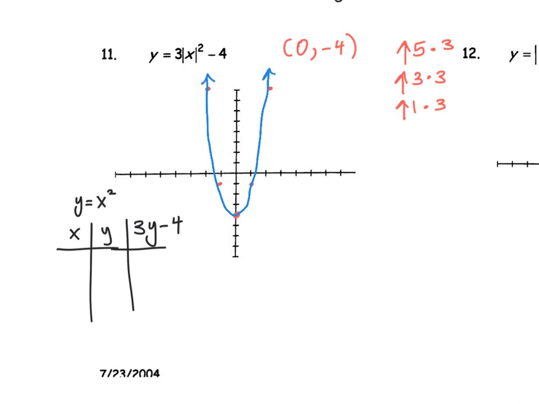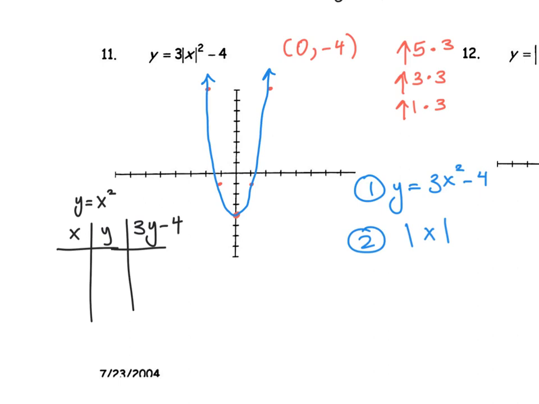Okay. Now after I sketched my transformed form y equals 3x to the power 2 minus 4, I need to take care of the absolute value. So the absolute value is around the x. That means you have to replace the left side of your graph with a reflection from the right side. So if I erase this and I reflect the right side, I can see that it's reflecting over itself.